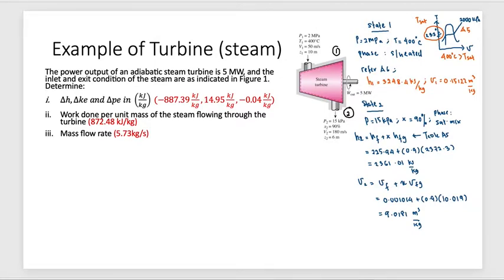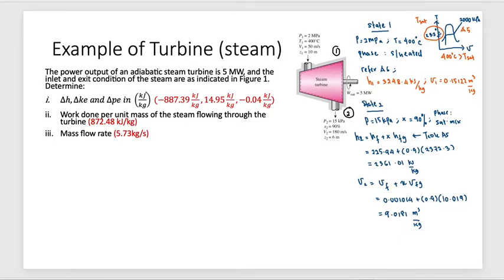And these are the properties at the inlet of the turbine, and these are the properties at the outlet of the turbine. Okay, so the question is, what is the change in enthalpy between state 1 and state 2, as well as kinetic energy and potential energy.